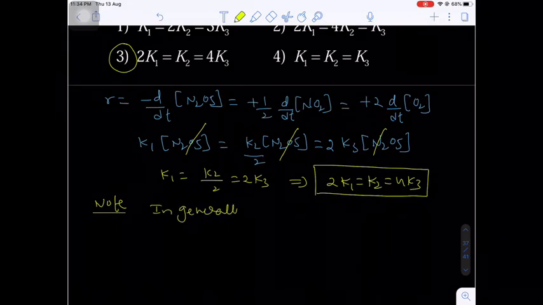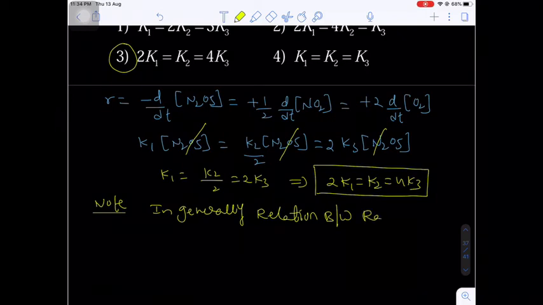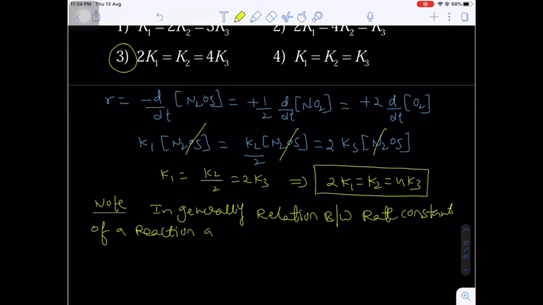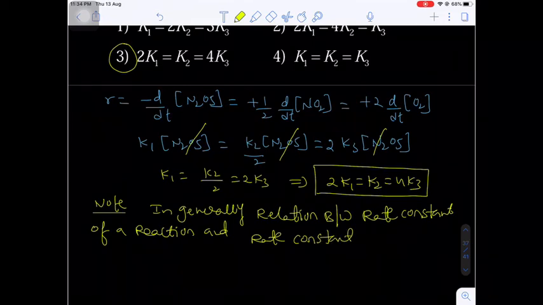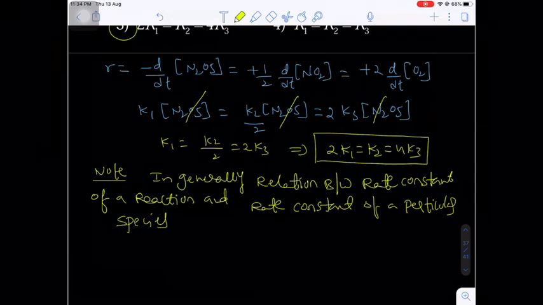Suppose, in general, the relation between the rate constant of a reaction and the rate constant of a particular species. The species may be reactant or product.